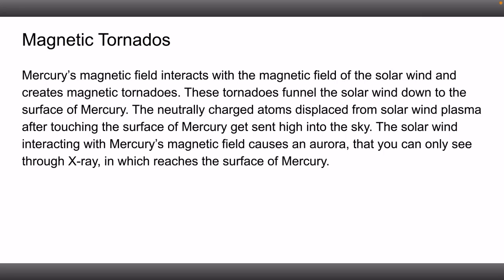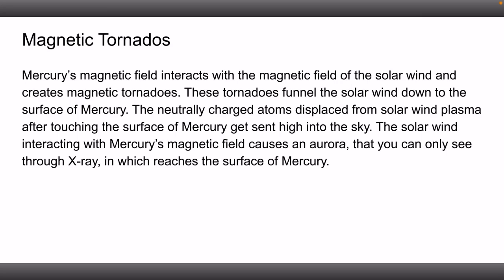The neutrally charged gas displaced from the solar wind plasma, after touching the surface of Mercury, gets sent into the hot sky. That's a weird sentence, but if you pay attention, it makes sense.